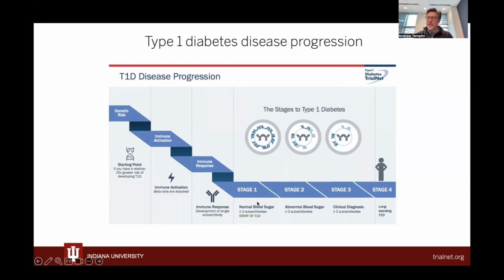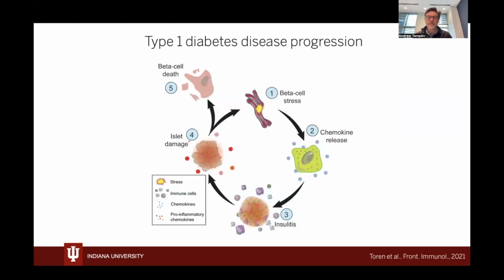And we now consider individuals with normal blood sugar, but two or more islet autoantibodies to have stage 1 type 1 diabetes. And this will progress into stage 3 type 1 diabetes, which is when individuals are usually diagnosed with the disease. And we're very much interested in the early stages of this disease progression because we think that by intervening in some of the molecular and cellular processes that are happening, we can change the outcome of this disease.